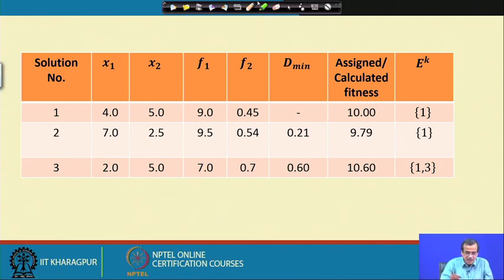Now, what we do here, I have considered only 3 solutions. Similarly, this method will go on and go on, and it will go to all the solutions, checking for all the solutions lying in the population, and gradually you can find out. So, the size of this particular subpopulation is going to increase, and the solutions which are not selected for the non-dominated bin will be put in another subpopulation, that is the N 1 subpopulation, which will participate in crossover.